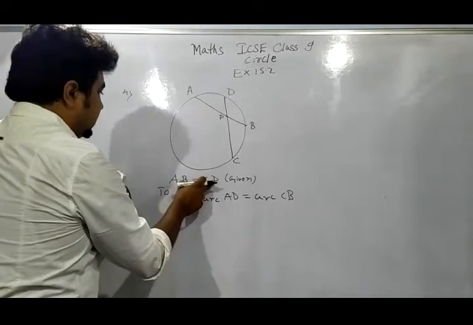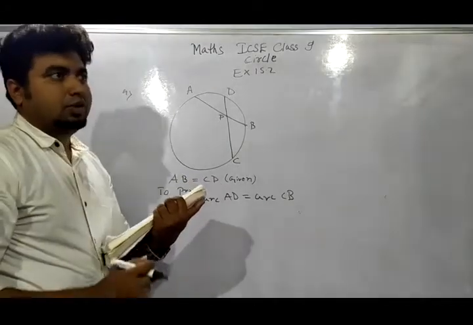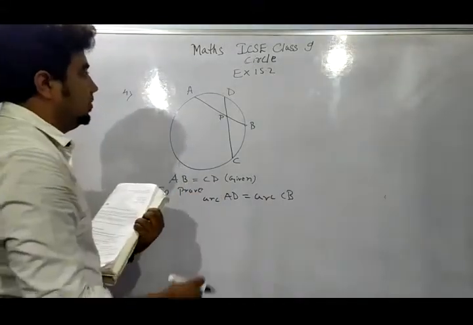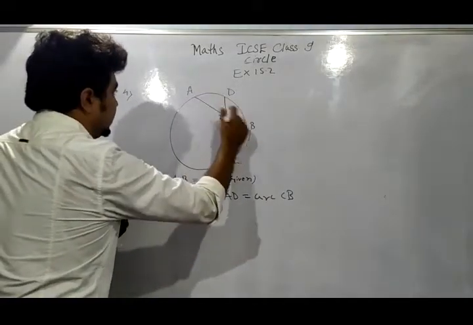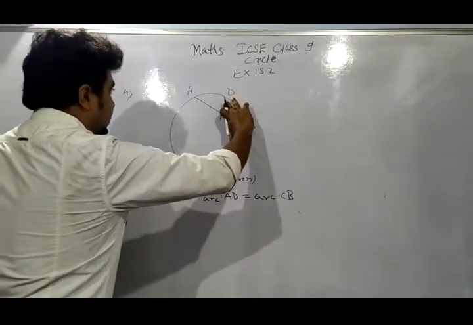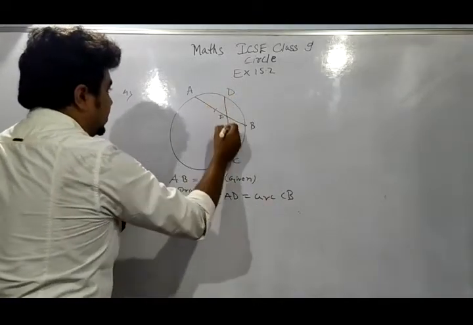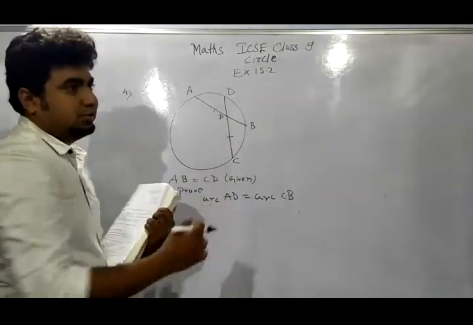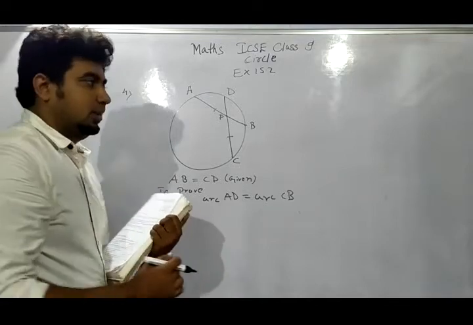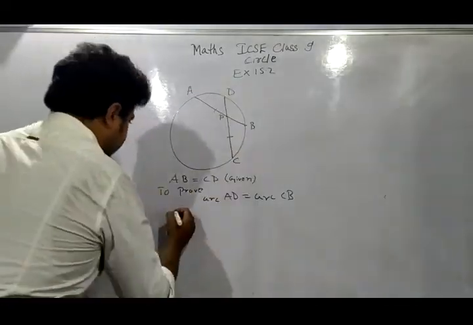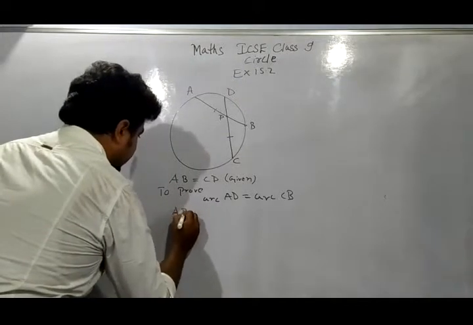Now we will proceed with AB equal to CD, because we know the theorem that if chords are equal, then the arcs will also be equal. If this chord is equal, then arc AB will be equal to arc CD, since this chord is also equal. AB and CD are equal. Chord means a line which is joining two points on a circle. So arc AB will be equal to arc CD, since AB is equal to CD is given.